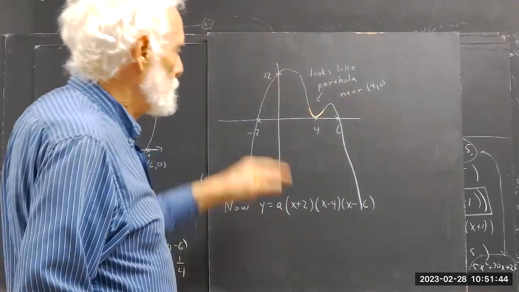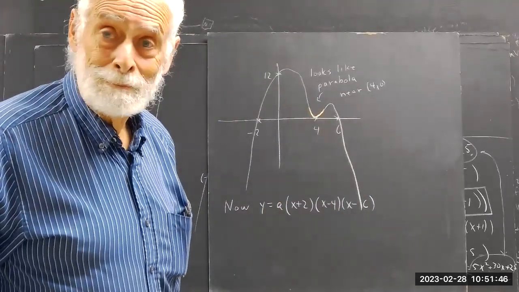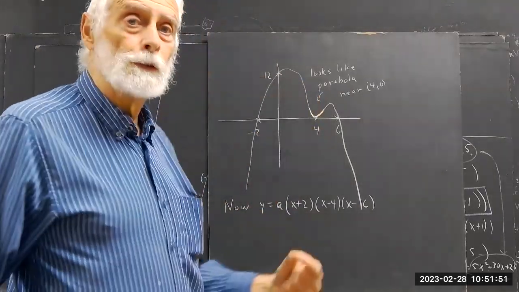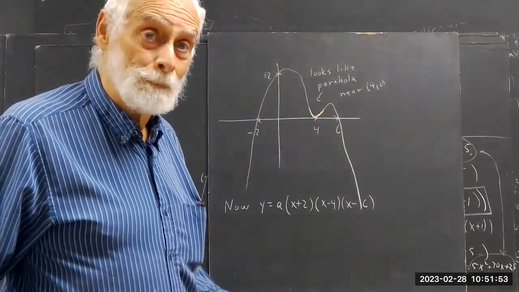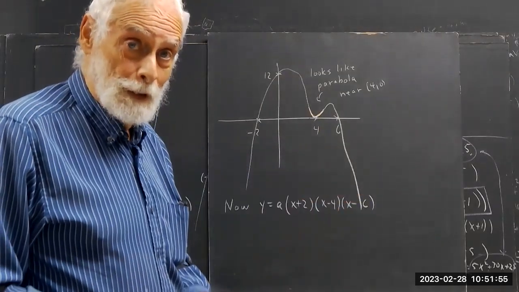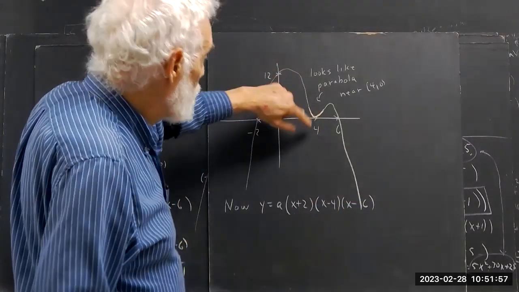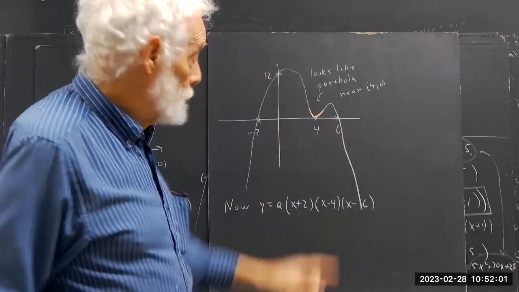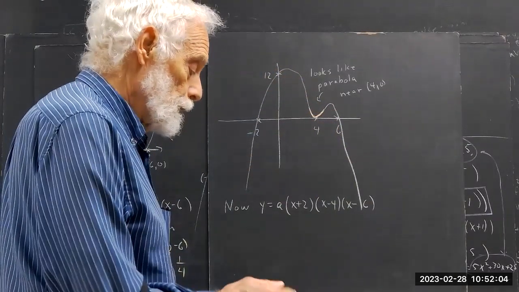It's a little lopsided, but the closer you get to 4, the closer it looks like a parabola, or should. Obviously, it's not a parabola over here and over here, but real close to x equals 4, it's like a parabola.